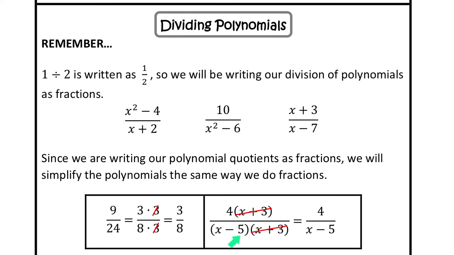We're going to be doing a similar idea, but instead of numbers, we're dividing expressions or factors. We need to factor and then check to see if anything cancels out or divides out. Since these two divided out, we're left with 4 divided by x minus 5. So that's one thing to remember about dividing and how we're going to apply it to expressions.